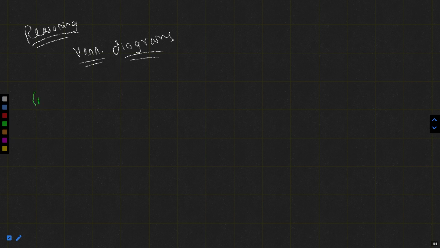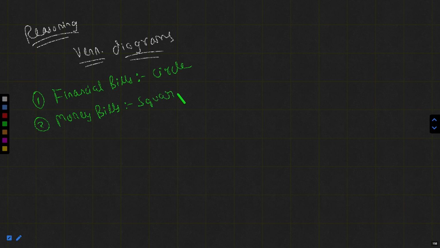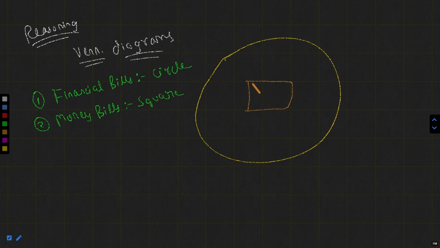If there are two situations, like the financial bills are showcased by the circle and money bills are showcased by the square, here the entire money bills come under the boundaries of the circle, but only a few portions of the circle come under the square.